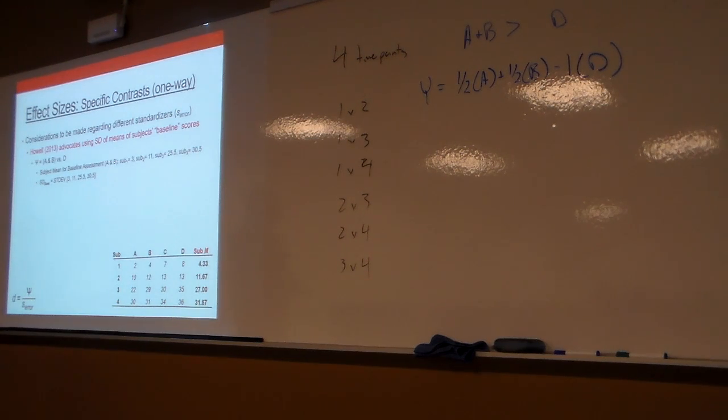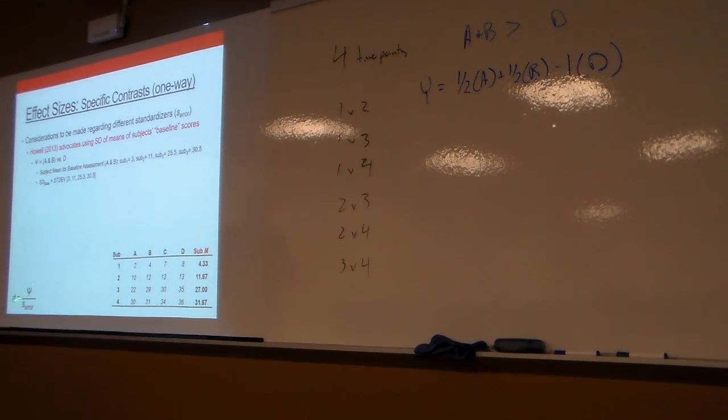I've got two assessment points that I'm considering baseline, so for each person I take their average baseline score. In SPSS, I would create an average of time 1 and time 2 for everybody, call it base average or something like that, take the standard deviation of those scores across people, and use that as my standardizer for my effect size.